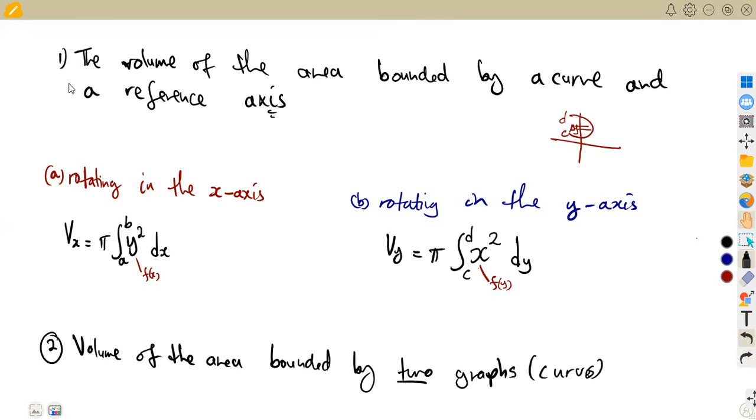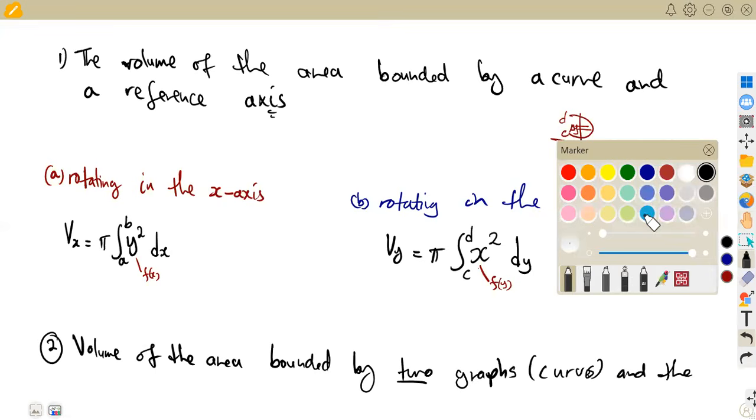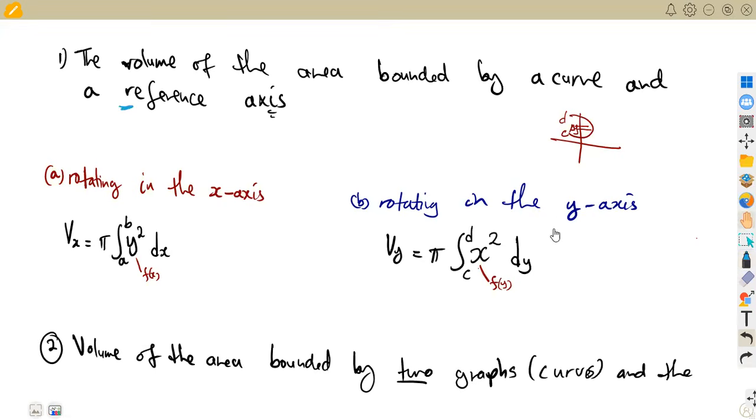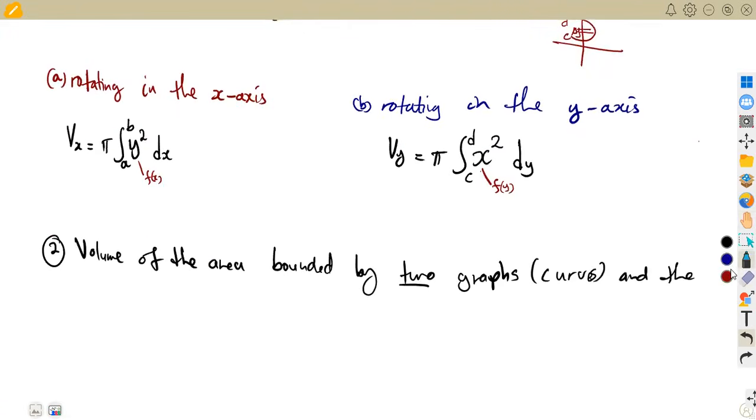So this will be referred again with the reference axis. Just like the previous part that we had here, where we talked about the reference axis, also here we are going to refer to the reference axis.